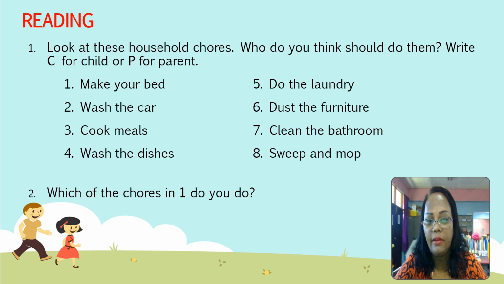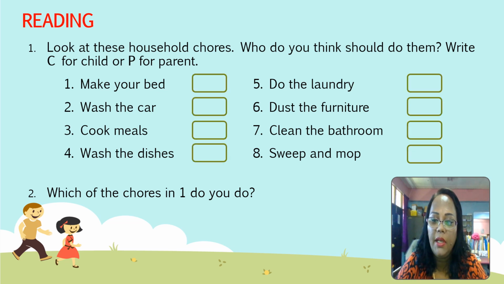So, examples given here are make your bed, wash the car, cook meals, wash the dishes, do the laundry, dust the furniture, clean the bathroom, sweep, and mop. There may be many other chores that you do in the house. Okay, these are just some of it. So, who do you think should do them? Right, C for child or P for parent.